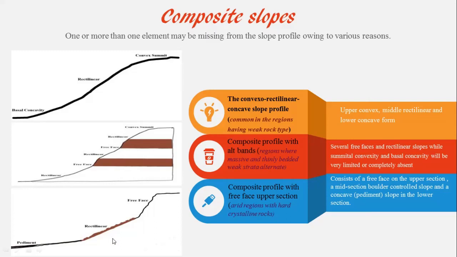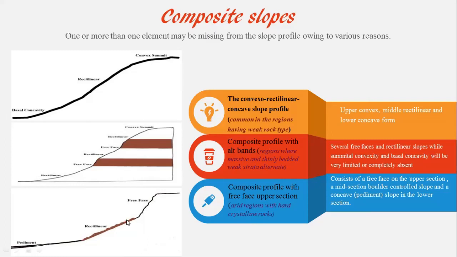Then next, we have the composite profile. In a composite profile, what happens? This is found in arid regions with hard crystalline rocks. In this type of profile, we have a free face on the upper section.